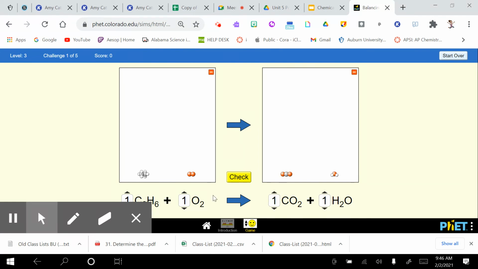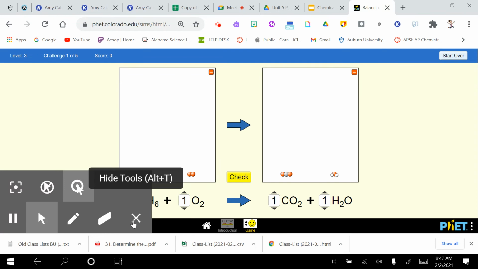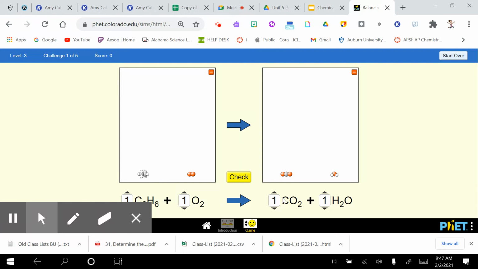balance these out. Okay? So we have 1 carbon, 1 carbon. We have 6 hydrogens and 2 hydrogens here. We have 2 oxygens and 3 oxygens.